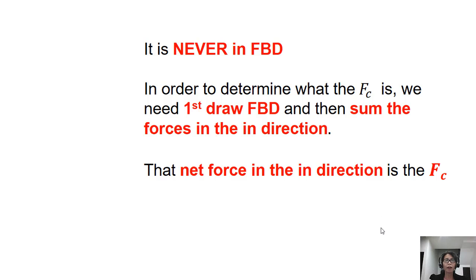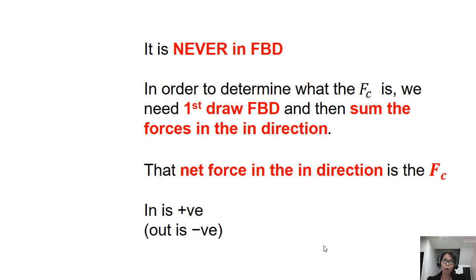Force is a vector quantity, so to make it easiest to write the sum of the forces, we treat the direction pointing towards the center of the circle as positive, and the direction pointing away from the center of the circle as negative.